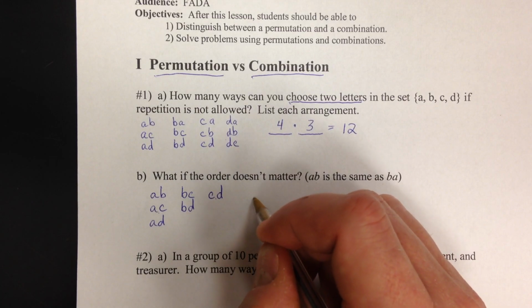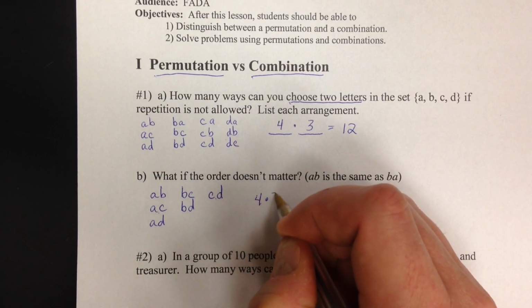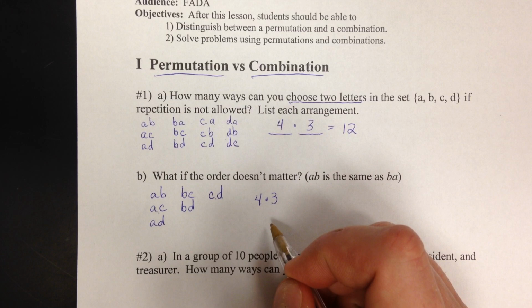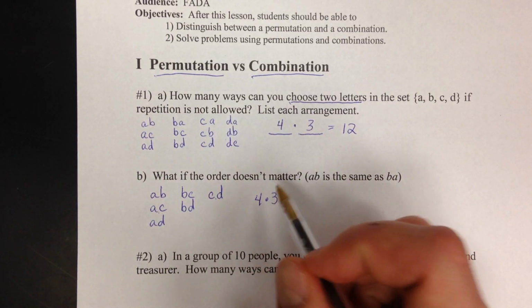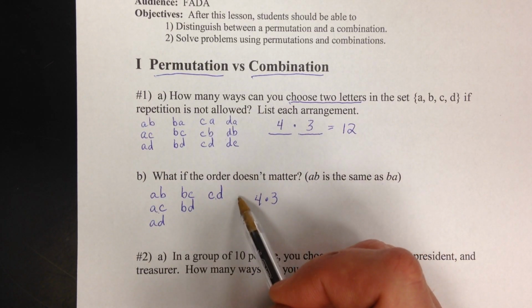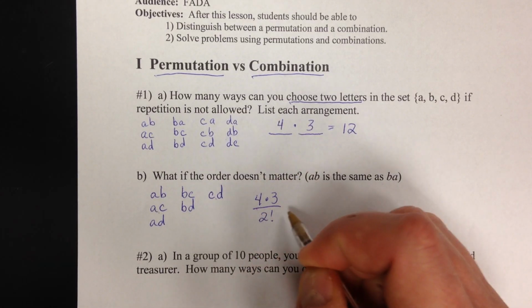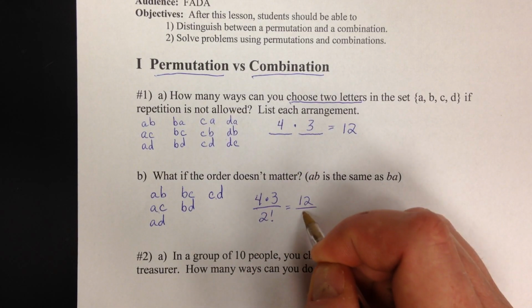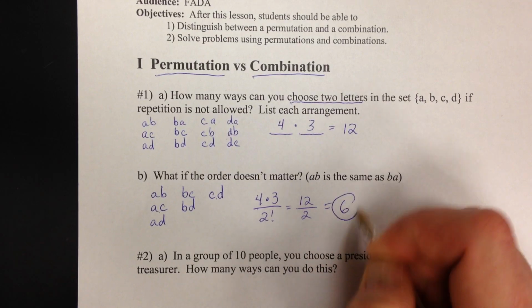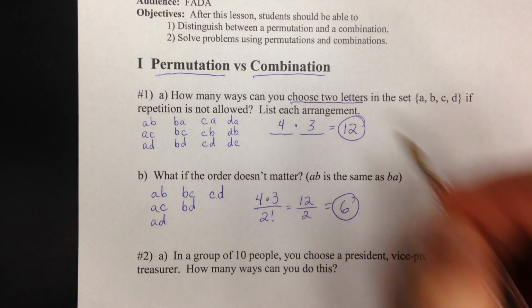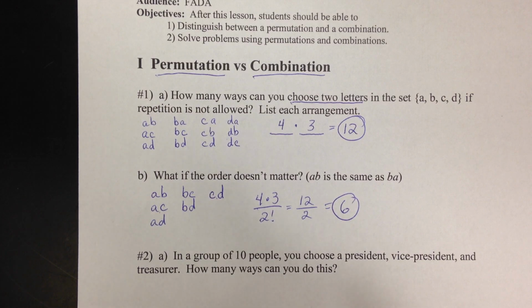The way we can get that, well, we can do 4 times 3 again, except now that we're taking out the part that repeats, and we're saying that AB and BA are the same thing, we can divide by 2 factorial. And what we get is 12 over 2, which is 6. Right, so if the order matters, it's different than if the order does not matter.